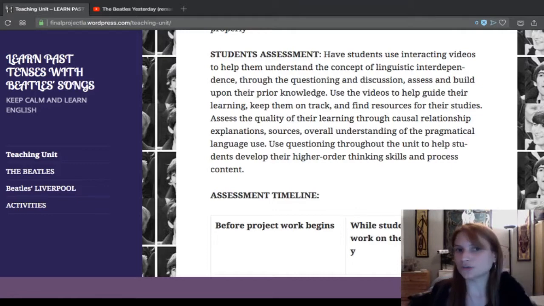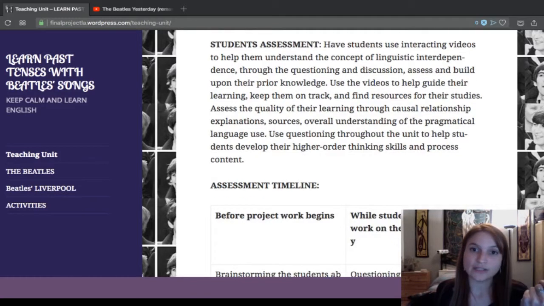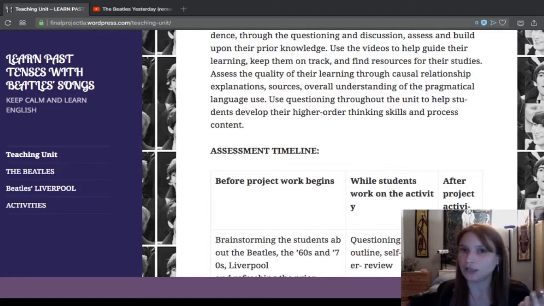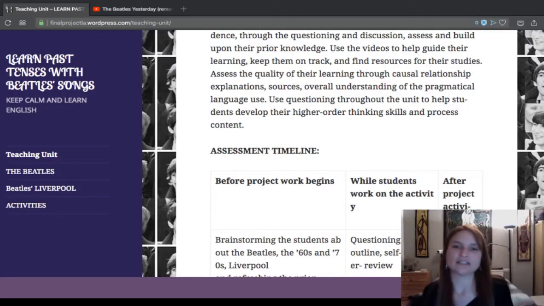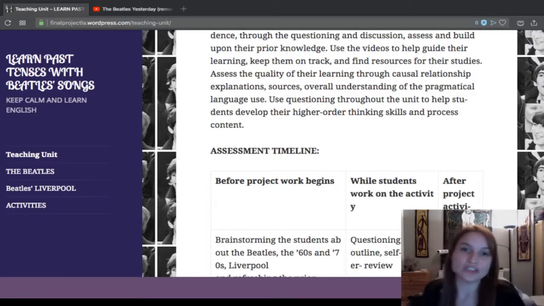So it is good for them to have these interactive activities that they can also enjoy a lot, and they can understand, as I said before, the differences between the two languages.